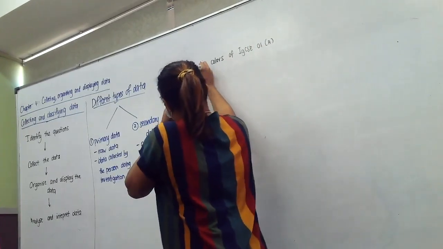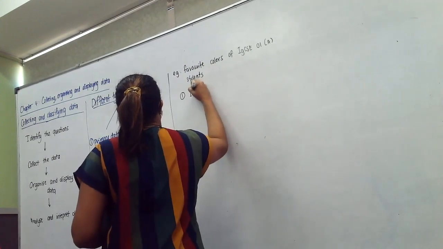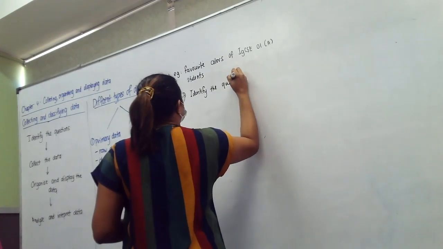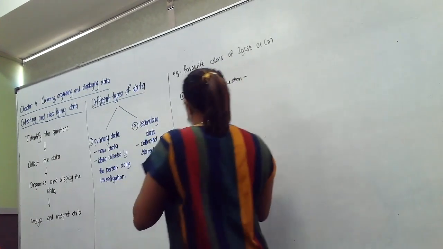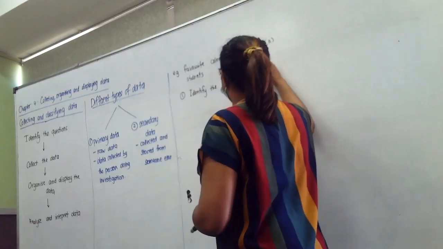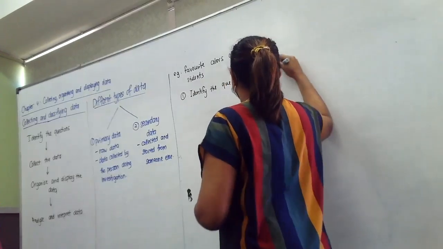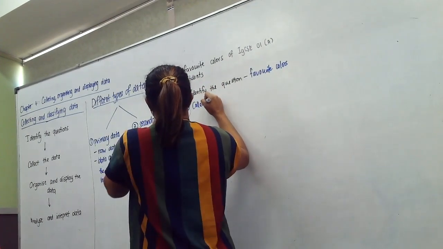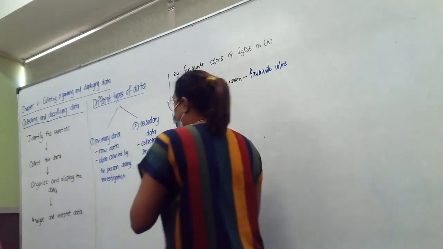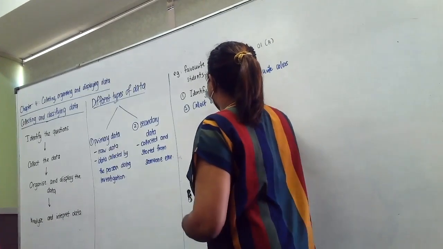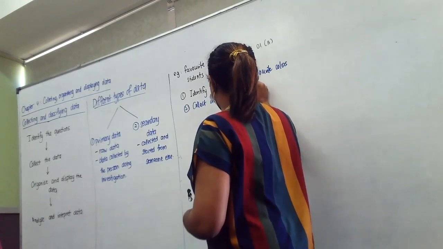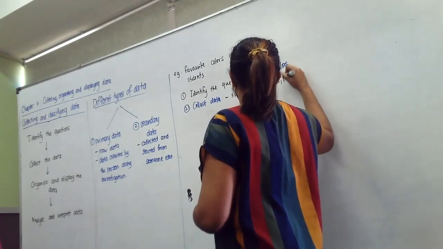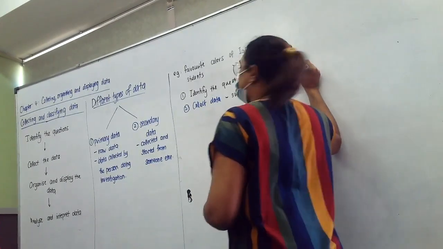First you have to identify the question. So now the question is favorite colors. The second thing is you collect data. How do you collect data? You collect data through surveys, questionnaires, and interviews.